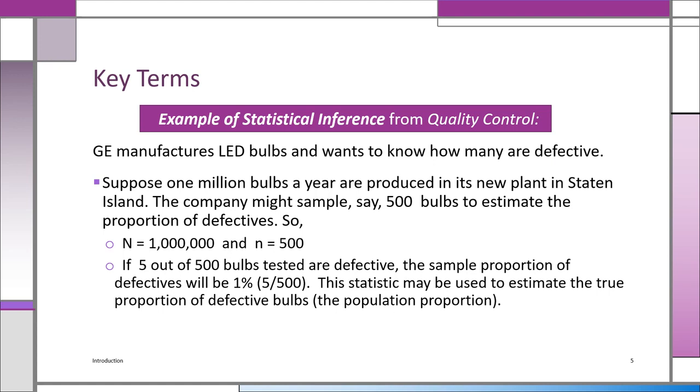You're going to use that statistic, using inference tools, to estimate the true proportion of defective bulbs, and that's called the population proportion. Okay, we're going to show that. Generally, we don't use the Greek letter. We're going to use a big capital P, because the Greek letter would be pi. So we use P usually for the population proportion.